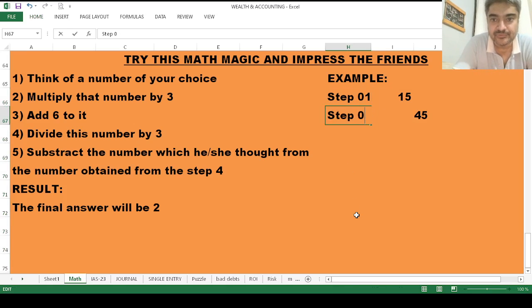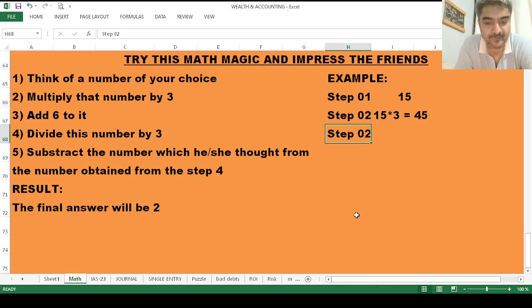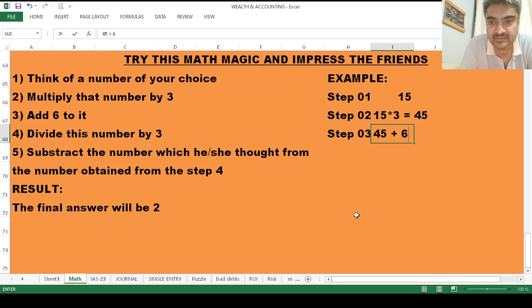Step 2. Now in step 3, we need to add 6 to 45. So 45 plus 6 is equal to 51.